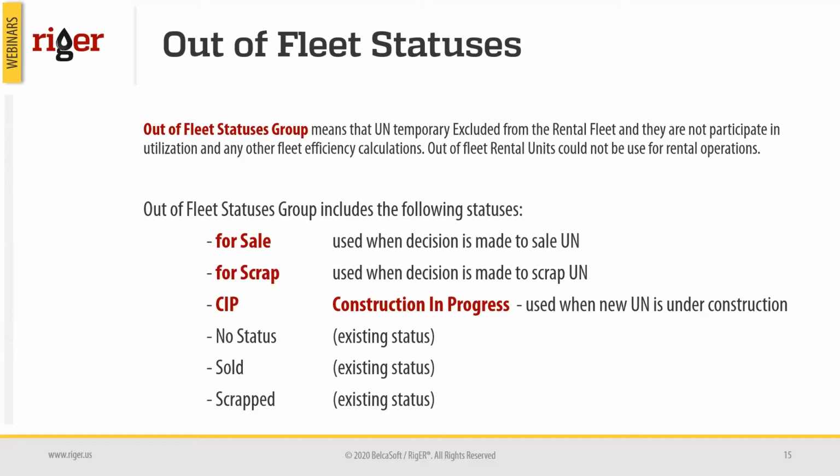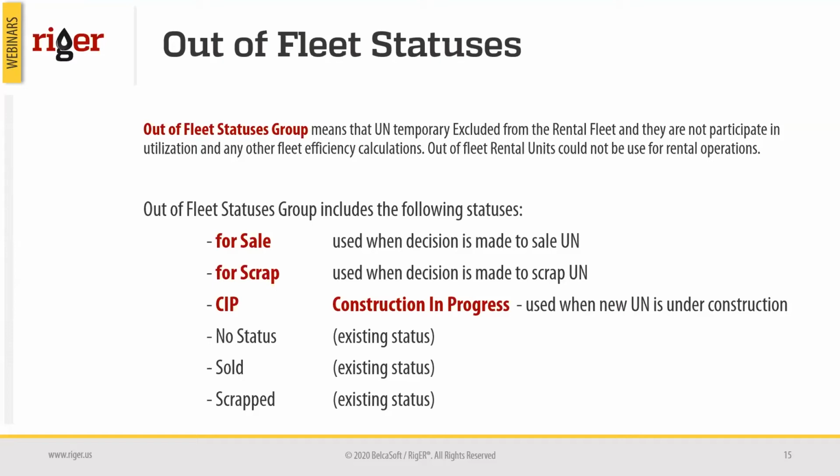Managers asked us to take them out because they don't manage them, and they should not influence their KPIs. To do that, we built three different statuses: for sale, for scrap, and construction in progress. I will describe and explain all of them in a second.